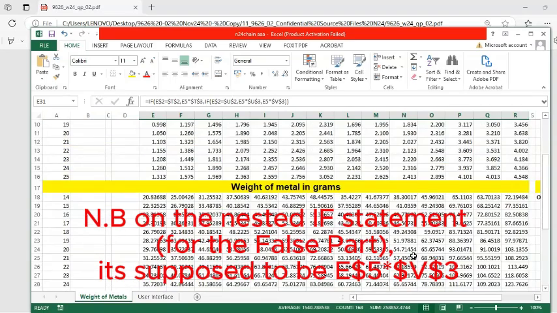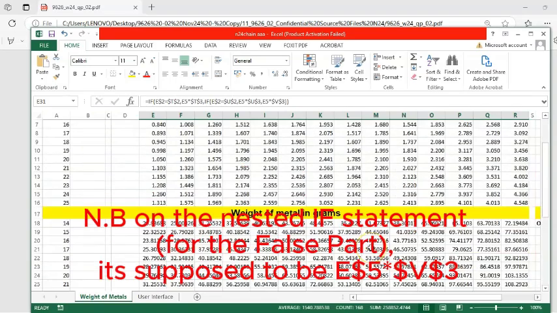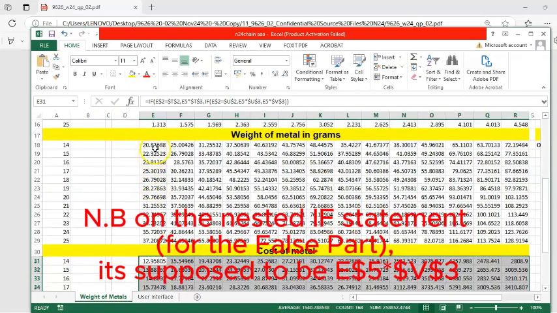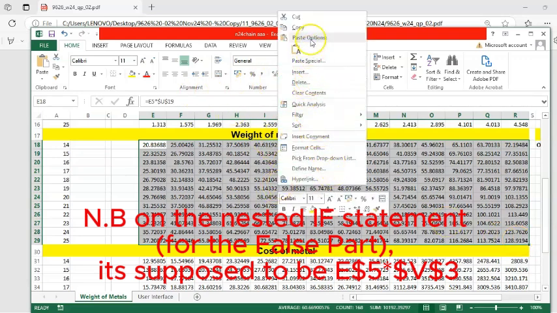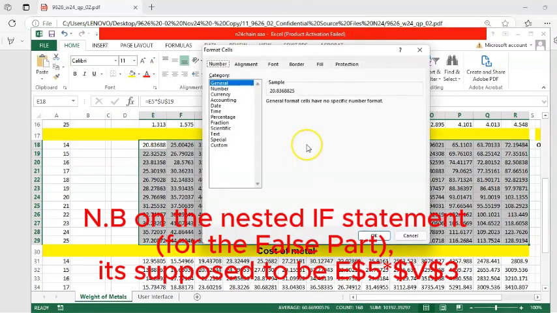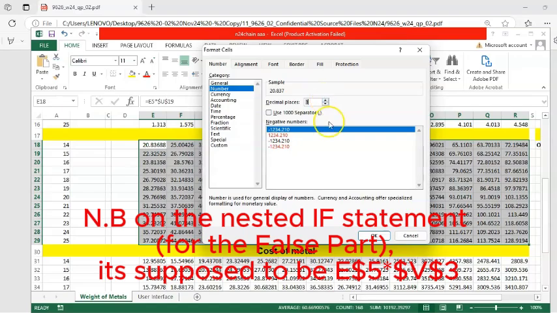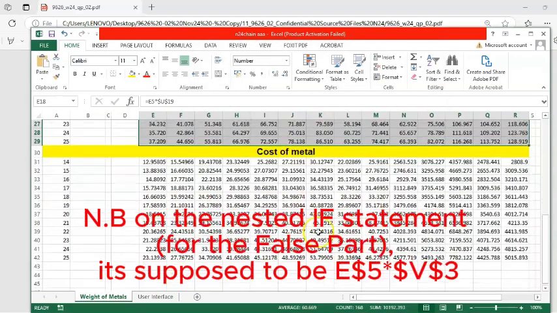So that's the costs. According to our question, anything that has got weight in it has to be converted to what? To 3 decimal places. So format this as number, 3 decimal places.